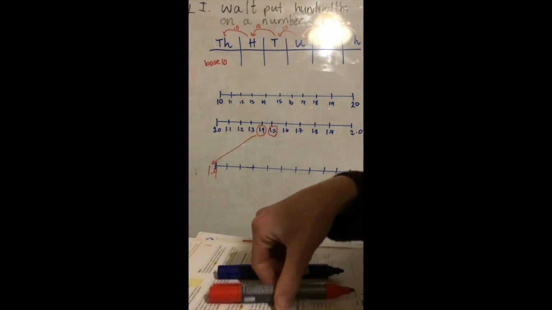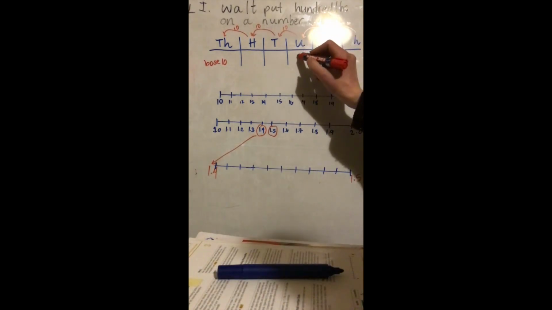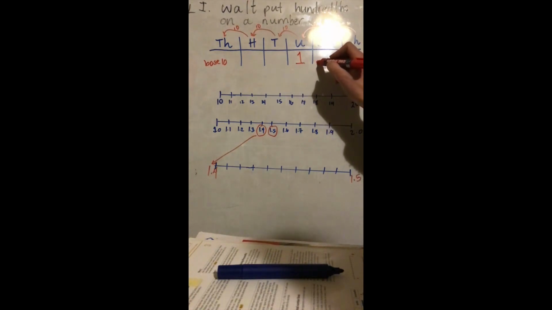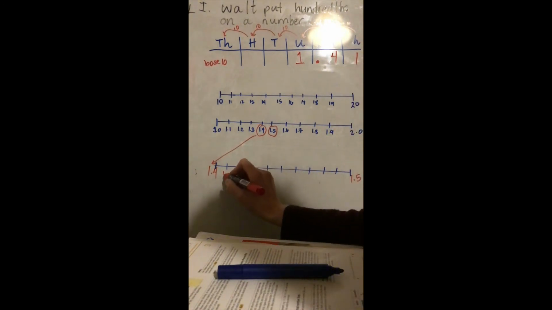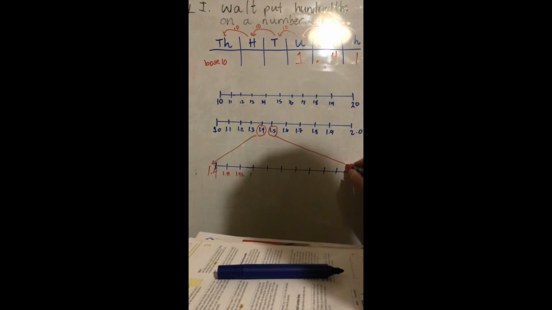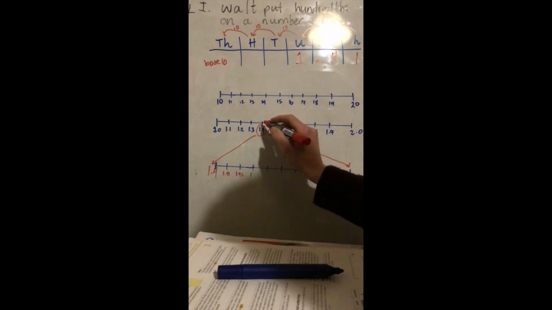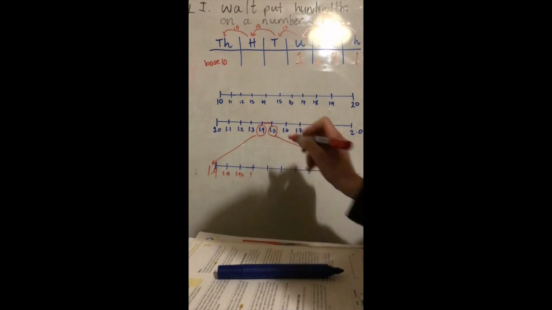Okay, and hundredths are expressed as, so I say I had 1 unit here, had my decimal point, 4, and then I'd have a 1, or a 2, or a 3, or whatever, how many hundredths I had. So here I'd have 1.41, 1.42, and I have this one that goes here. So it's just all these little bits, 1, 2, 3, 4, 5, 6, 7, 8, 9, 10 in between.